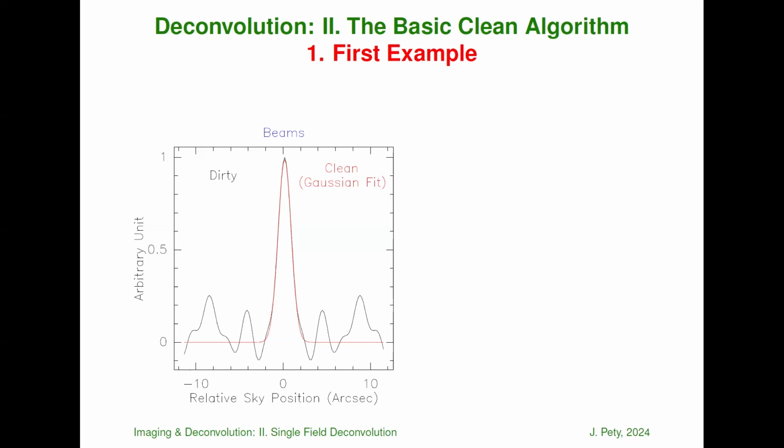The first thing we do when cleaning a dirty image is to image the dirty beam and make a Gaussian fit of the main lobe, with the hope that the Gaussian fit will fit the main lobe well, which is the case here.